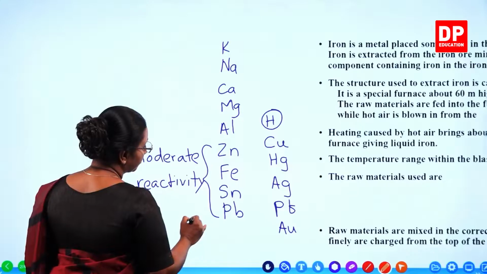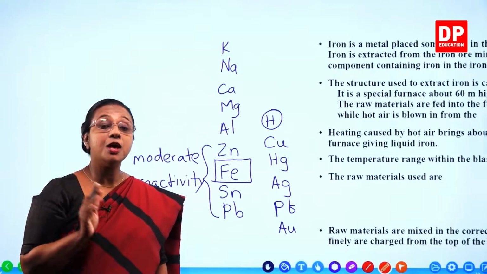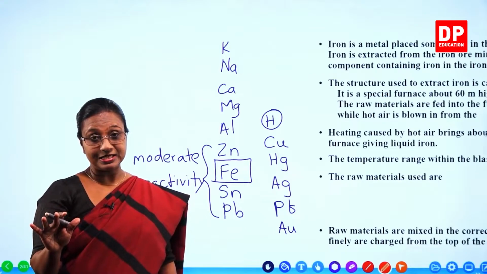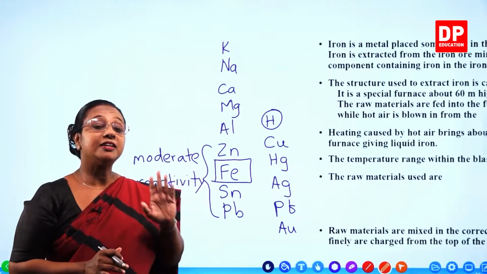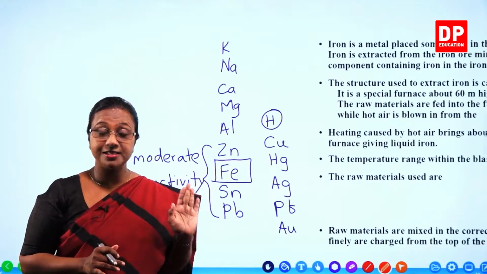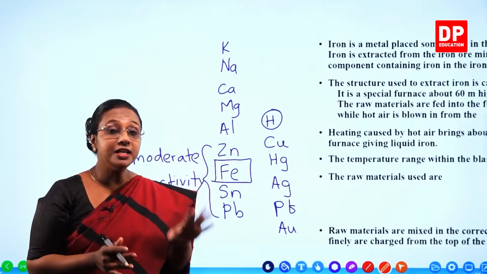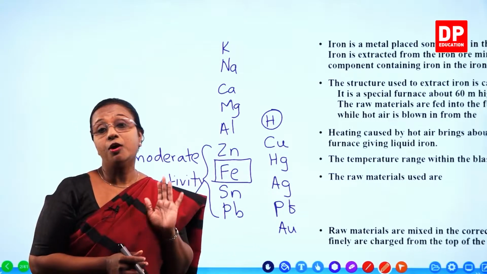And out of those, we will be considering iron. Iron is a metal that has moderate reactivity. So it exists as compounds in nature, and you all normally know these metals are extracted from their naturally existing ore by reducing the metal from its ore using an element or a compound.